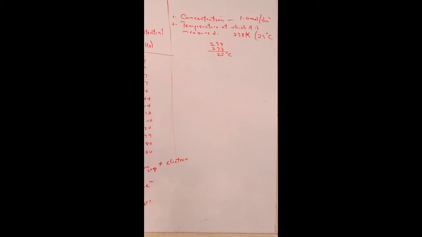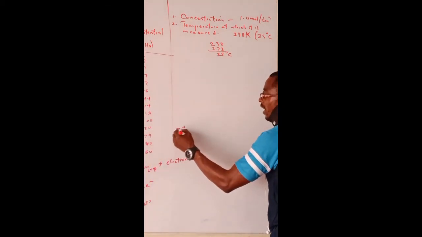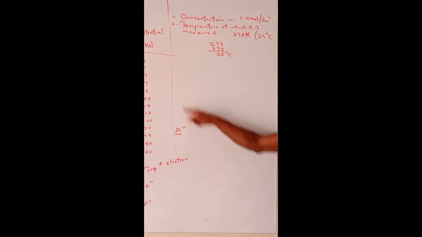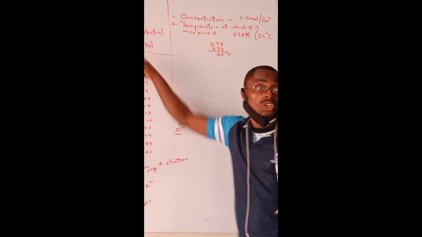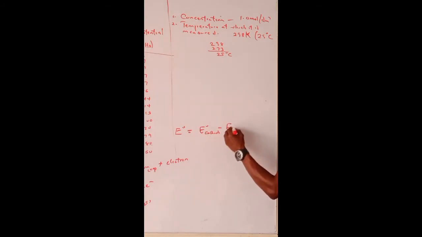You see the formula, and that's where we are going, because to get the standard electrode potential for a cell, E° is the symbol for standard electrode potential. So E° cell is equal to E° of cathode minus E° of anode.